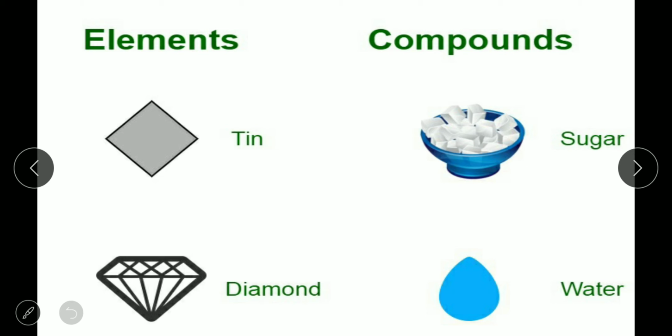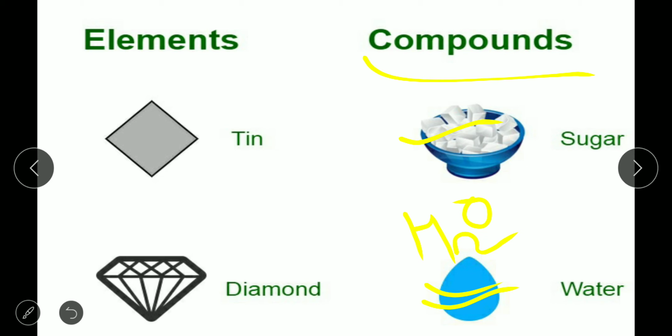Compound, for example sugar and water. Compounds are pure substances which can be broken down into simpler substances only by chemical changes. In a compound, two or more elements are combined in a fixed ratio. For example, the water molecule: in H2O, two hydrogen atoms and one oxygen atom are present.